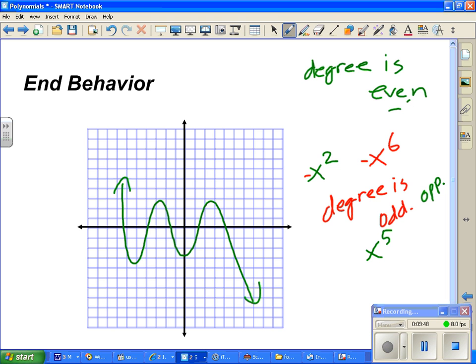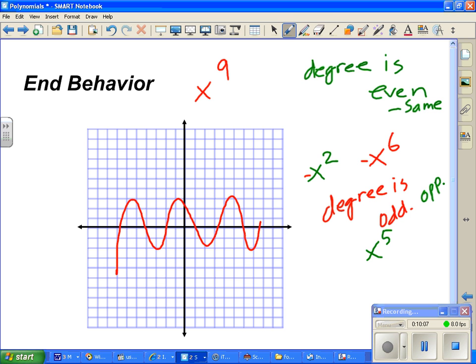Notice how this end is going up, this end is going down if the degree is odd. Okay, and we can do this again. Let's go x to the 9th: 1, 2, 3, 4, 5, 6, 7, 8, 9. Opposite. Counting how many times I cross the x-axis, it ends up going opposite.